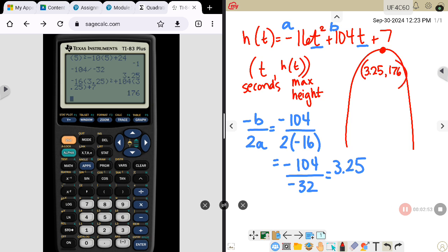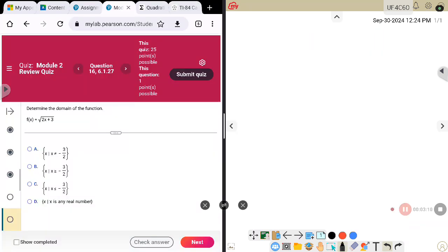So that's the second part of the vertex. So the number of seconds would be 3.25, and then the maximum height that the rocket reaches would be 176.